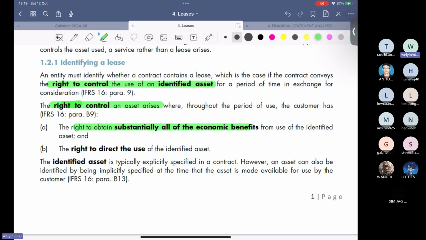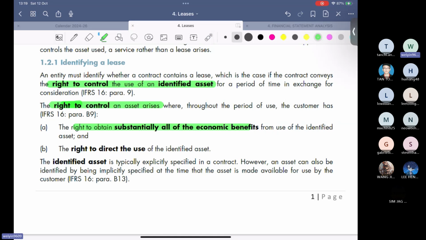For example, this is a common one. If you are a Grab driver, you sign the contract with the Grab company. The Grab company gives you two options. Option one: every day you come to the Grab company to get the car, whichever car is available, you just take it and go and earn your money. The second option is you sign the contract, and the Grab company gives you the right to use the Myvi 1.5 special edition with the car plate ABC 1234.